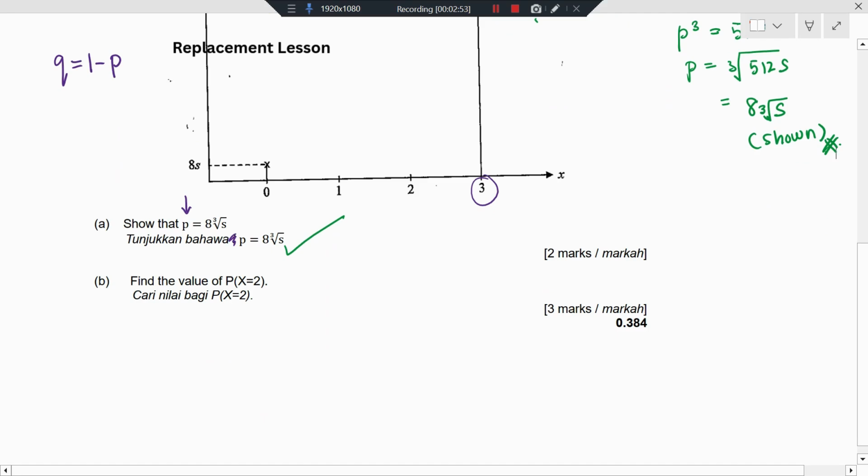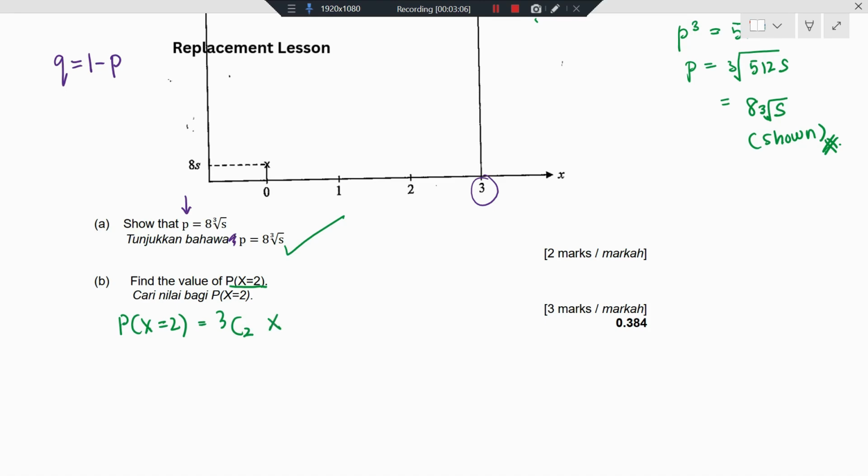Then the question is asking us, what is the probability of x equals 2? Probability x equals 2 is 3C2 times the probability of success, which is p to the power 2, and then 1 minus p, or you can write q, but I better write in p because I have something to do with the p.